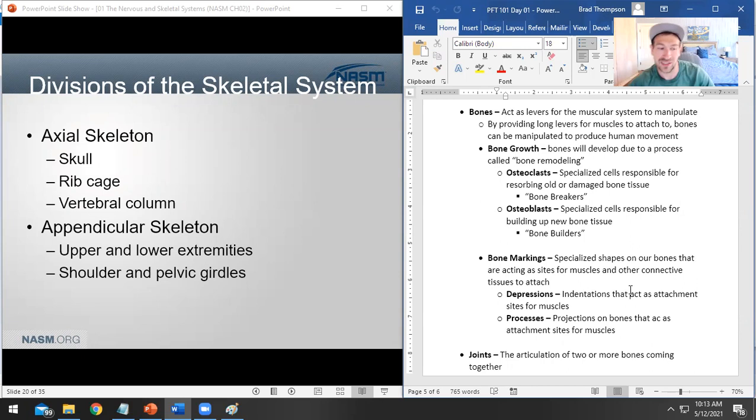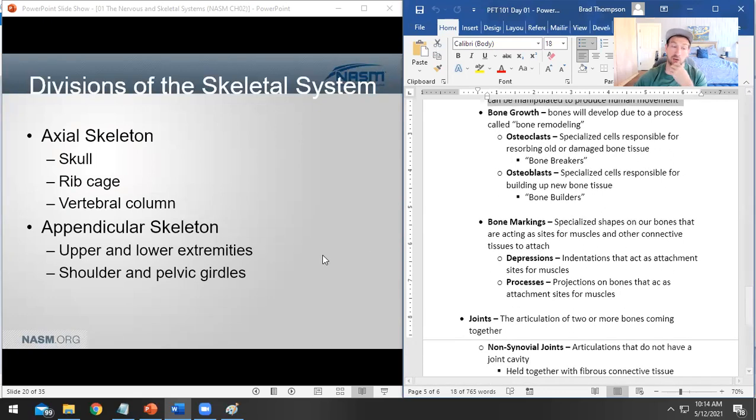My bones are the levers that are allowing the muscles to have something to manipulate. Otherwise, we'd be these squishy sacks on the ground that wouldn't really move around very well, like a slug, which has muscles, but doesn't exactly move very efficiently, or a jellyfish. So, by providing these long levers for your muscles to attach to, they can be manipulated in order for us to be able to produce actual movement.